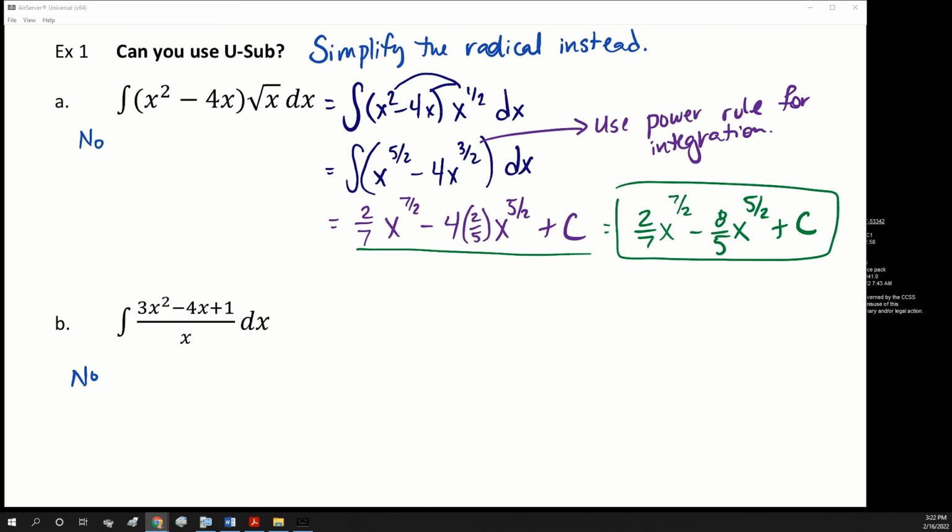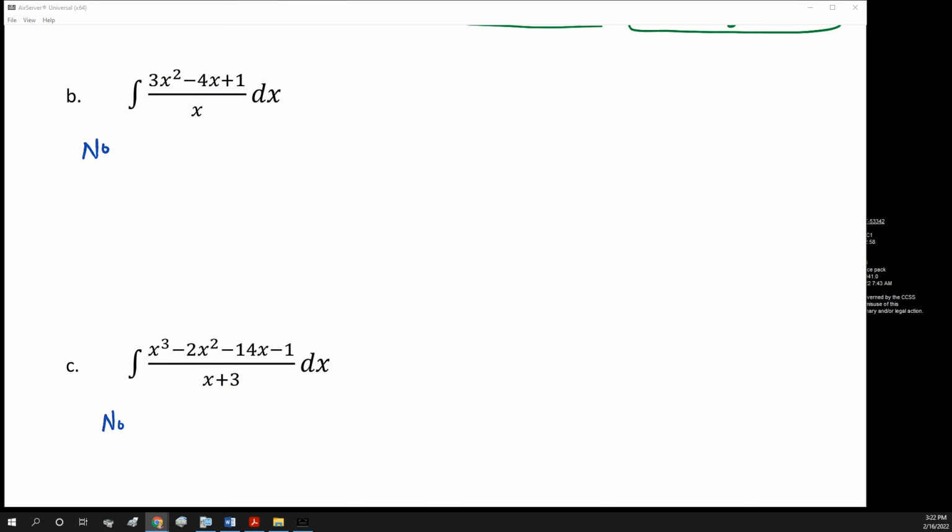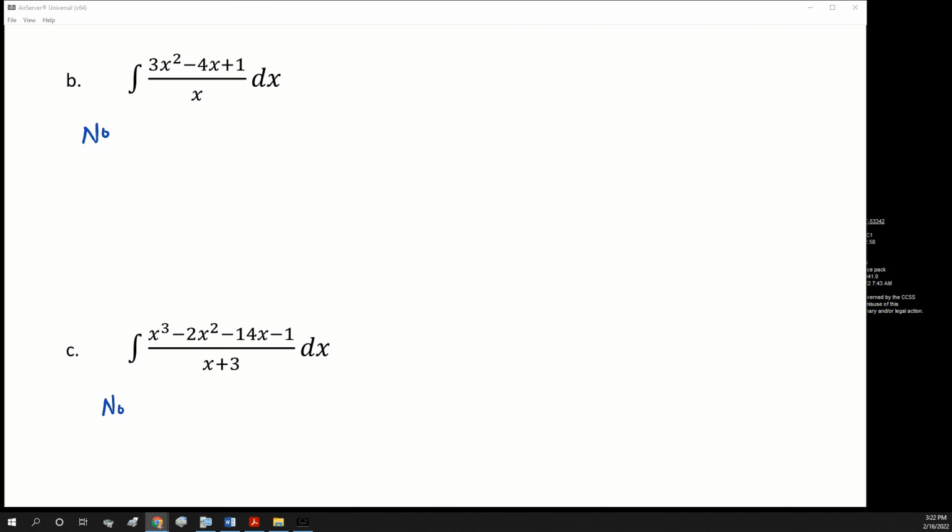All right, let's look at the next one. We already said no, we cannot do U substitution. So what we're going to do is going to be way easier. We're just going to go ahead and divide 3 by x. All right. And then we'll just take the integral of each term or find the antiderivative of each term.